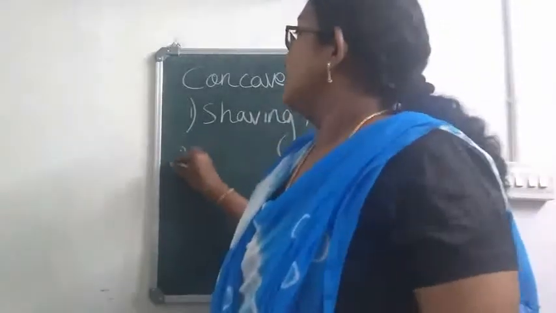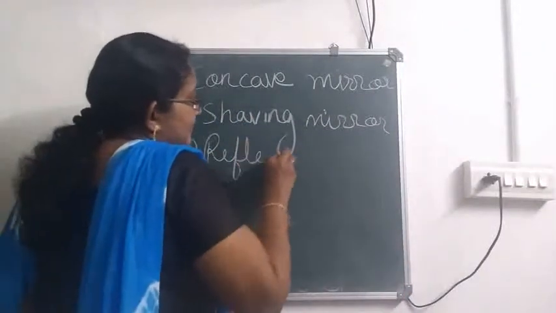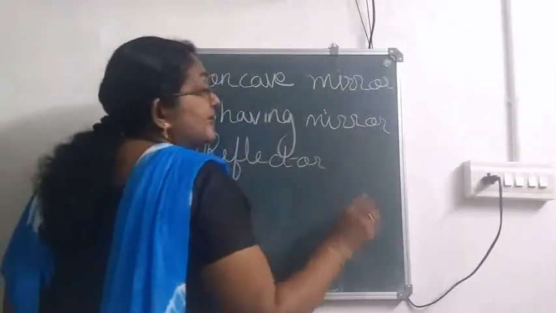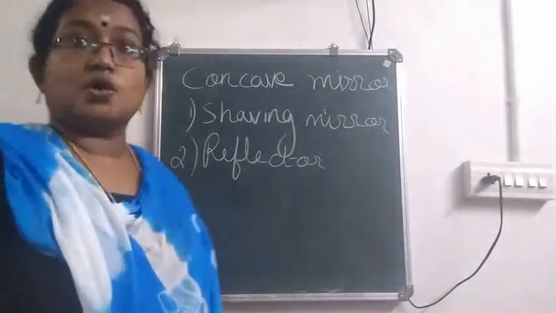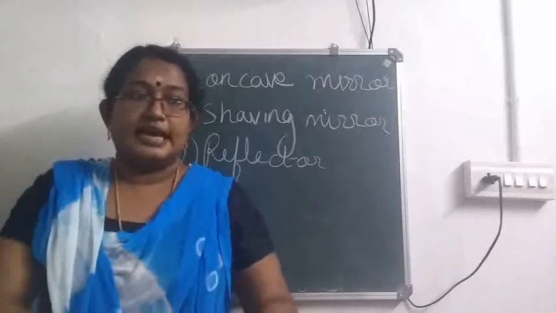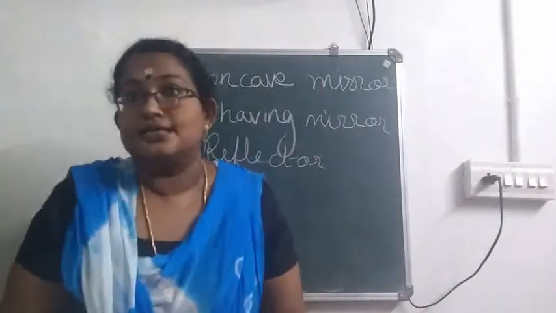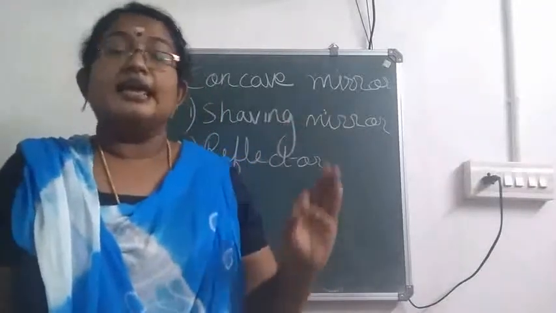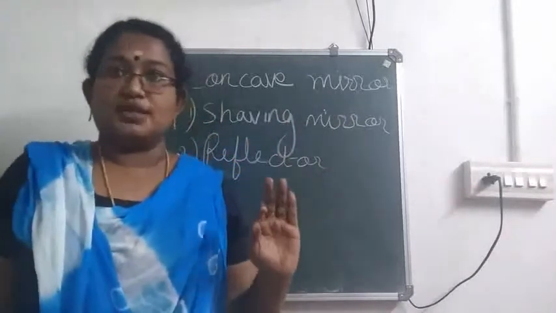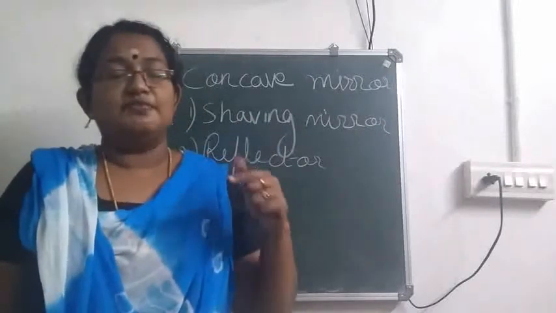Now the second one, it is used as a reflector. It is used as a reflector in torchlights, in torches and searchlights. What is the use of a torch or a searchlight? We have to see a particular region clearly, isn't it? When the object is placed at focus, where will we get the image?